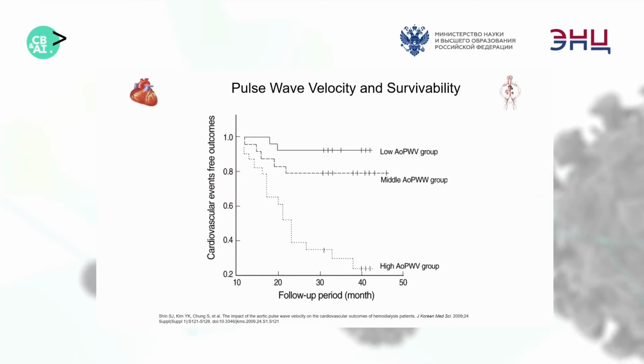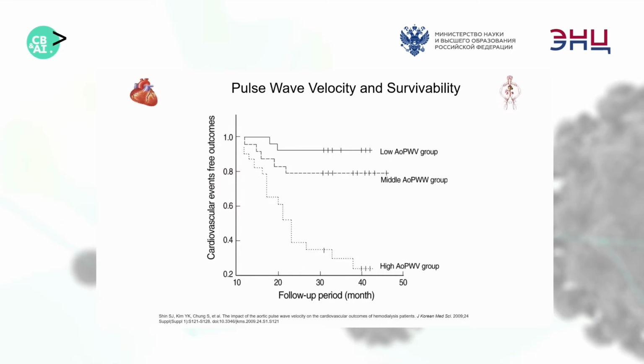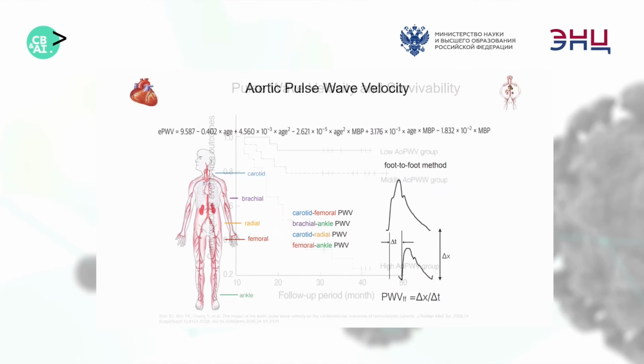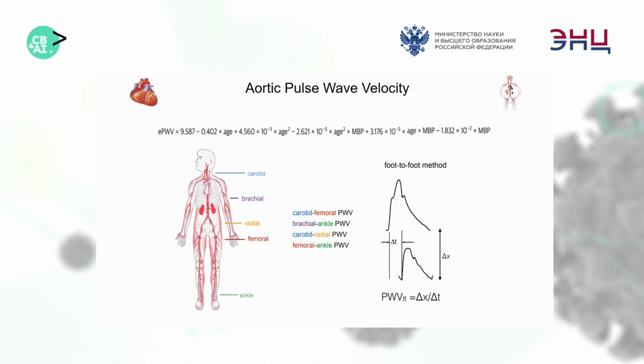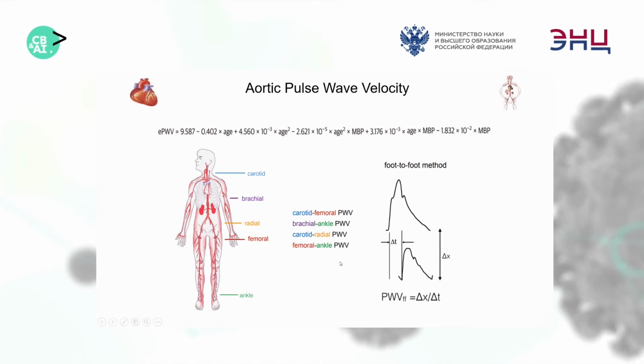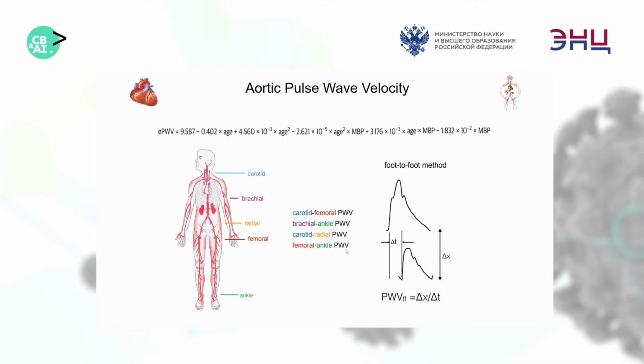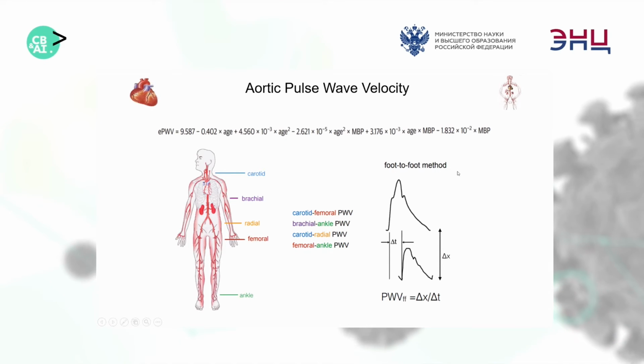And typically, accurately measuring pulse wave velocity is not that easy. There are many techniques to measure pulse wave velocity. There are some empirical formulas that involve blood pressure and age. And more common methods are so-called foot-to-foot methods.